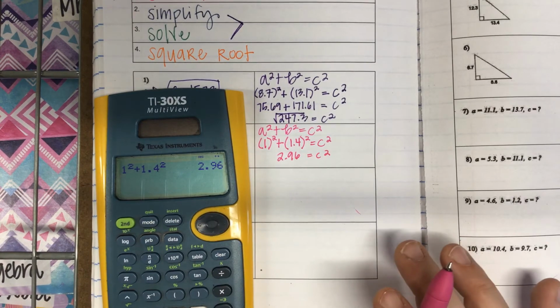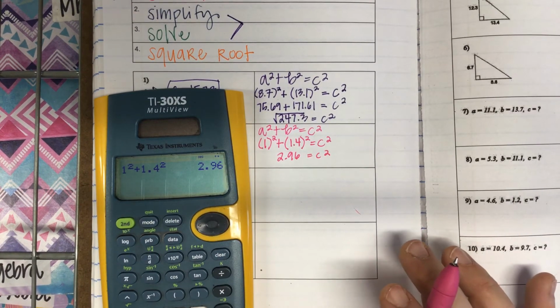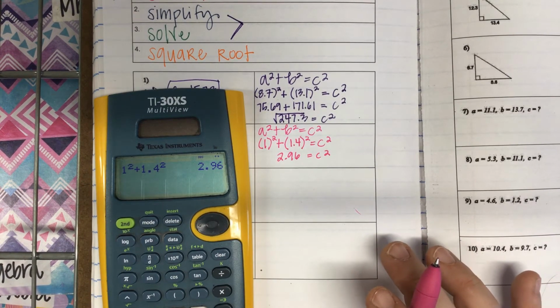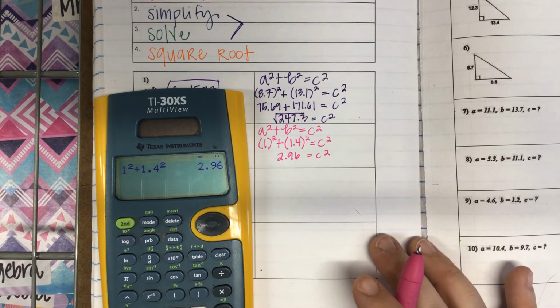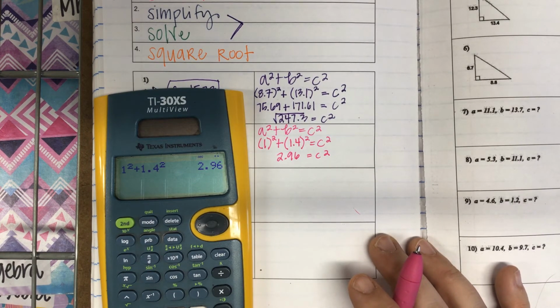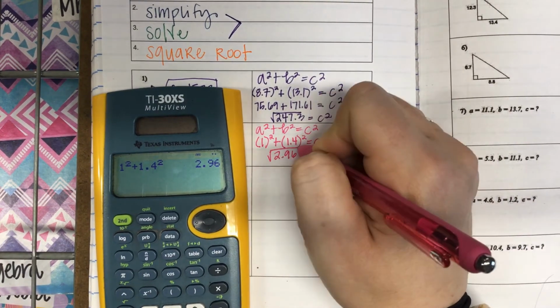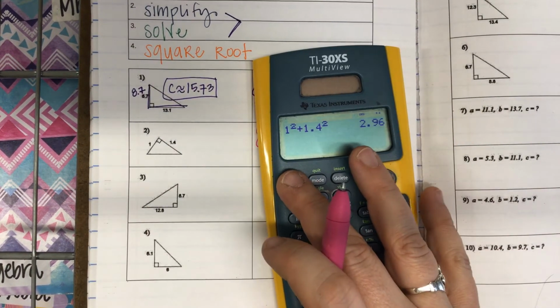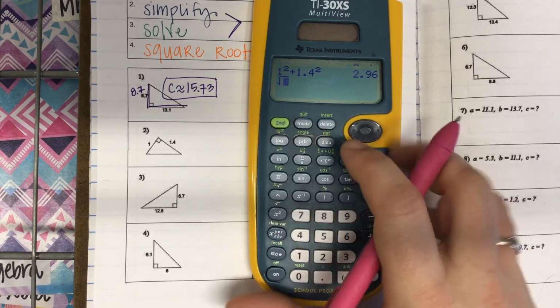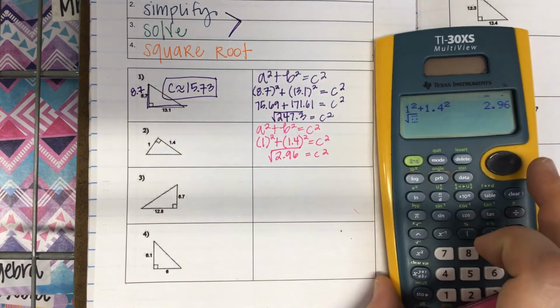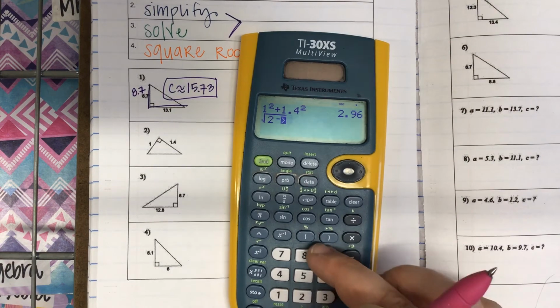Substitute. Simplify and solve go together. What's my last step? What's step number 4? Square root. So second, x squared gives me my square root button. And 2.96.